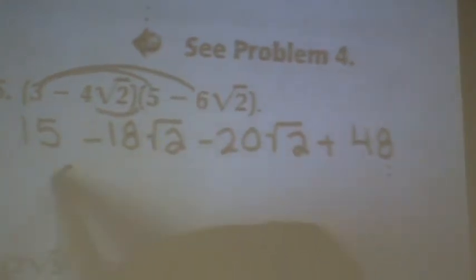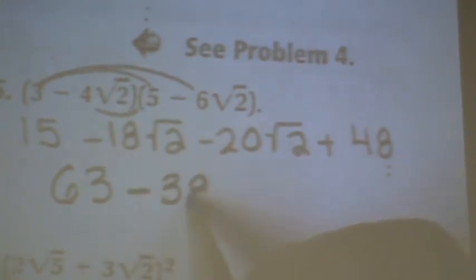What do you get? Negative 38 square root of 2. Is that right? Yes. Okay.